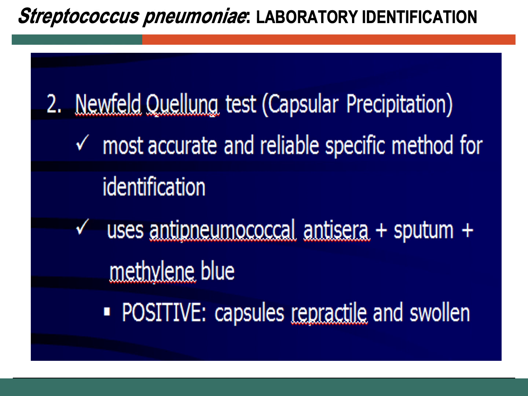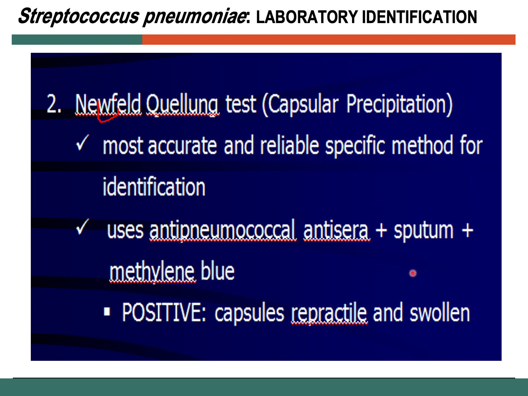Another test is your Neufeld-Quellung test, or capsular precipitation test. This is the most accurate and reliable specific method for the identification of Streptococcus pneumoniae. It uses anti-pneumococcal antisera plus sputum and methylene blue.